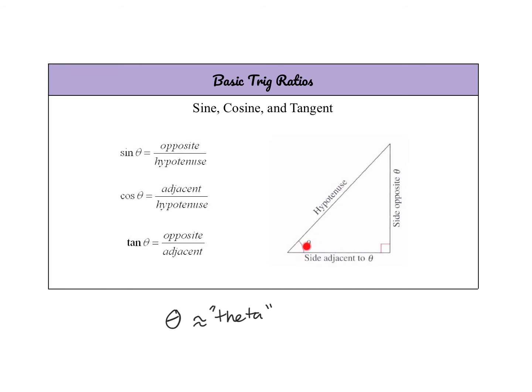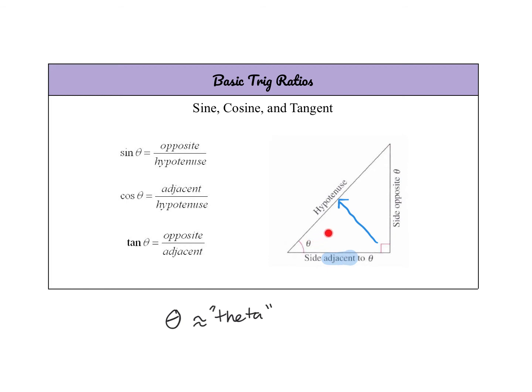So if this is the angle we are working with, well, we know that the hypotenuse is always going to be the side that's across from the 90 degree angle. Now, the hypotenuse is always going to be one of the sides touching your angle. So the other side that is touching the angle we're working with, we call the adjacent side. Adjacent means next to. So again, one of the sides touching your angle will always be the hypotenuse, and the other side, we'll call the adjacent side.